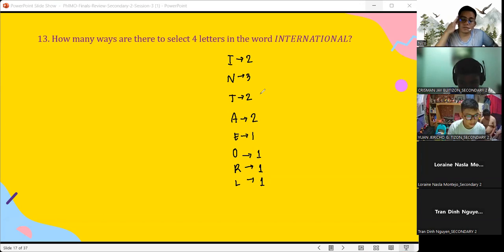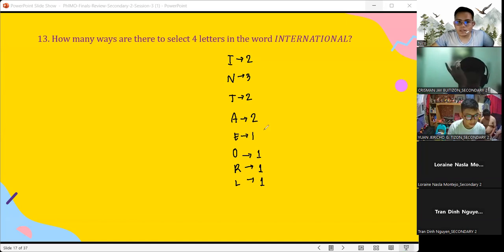So, this one here, because you're gonna select the four letters. If you are gonna do 13 choose 4 or 13C4, the four letters that you chose could be the same, right?